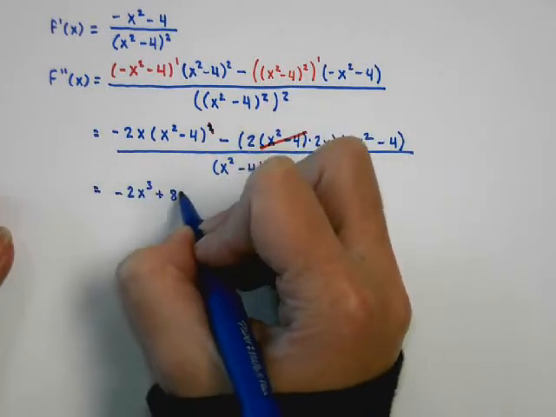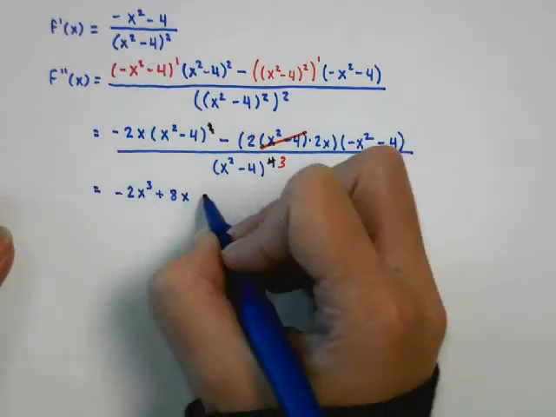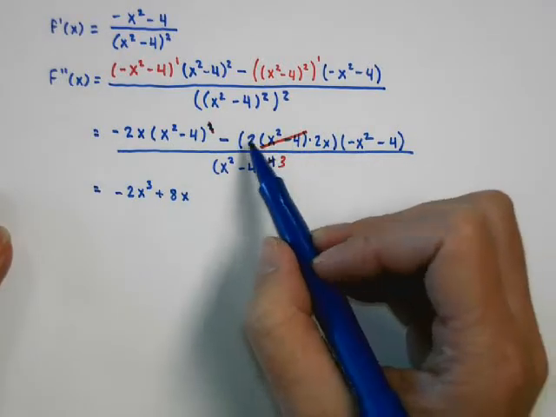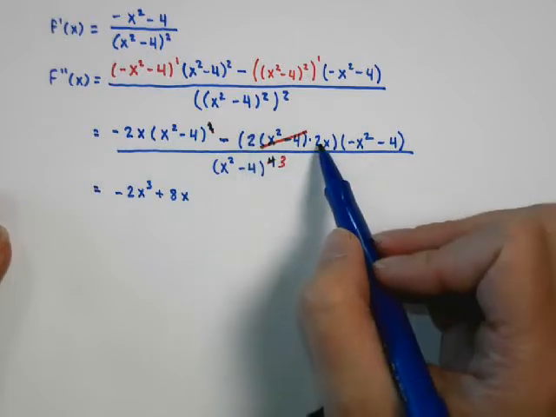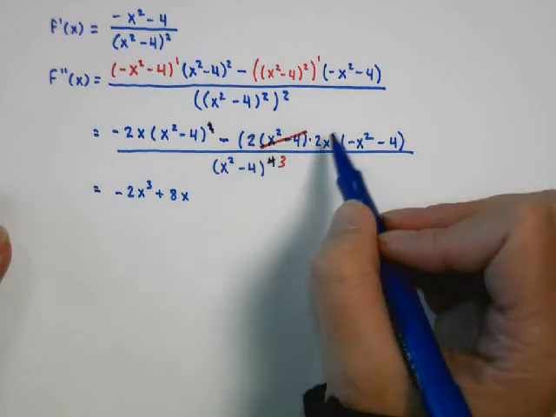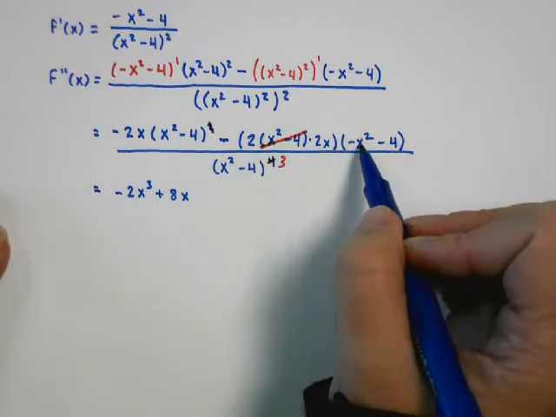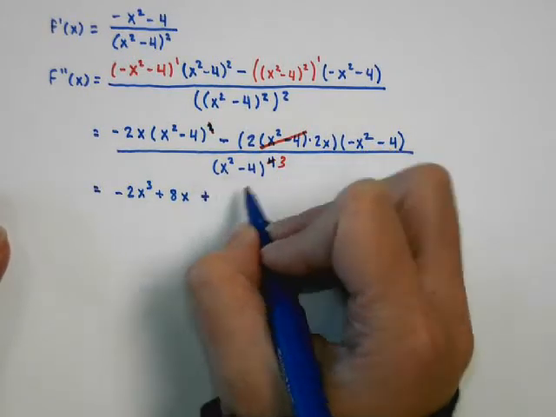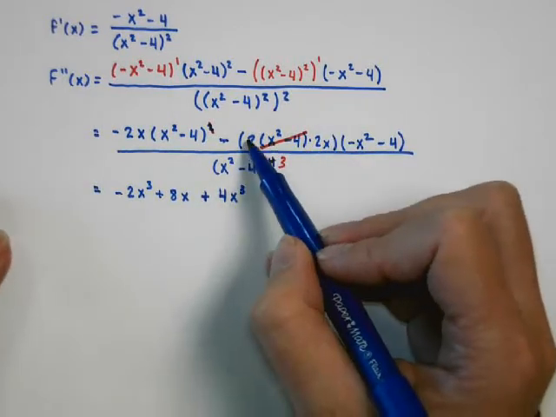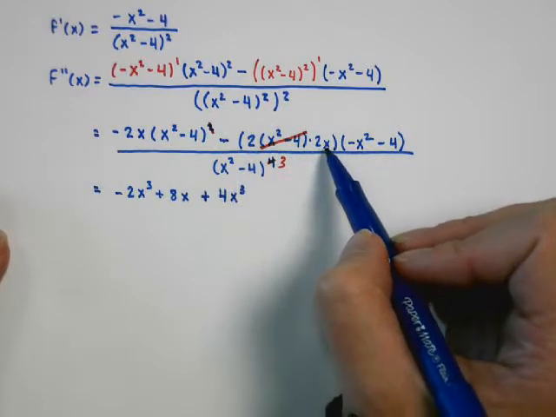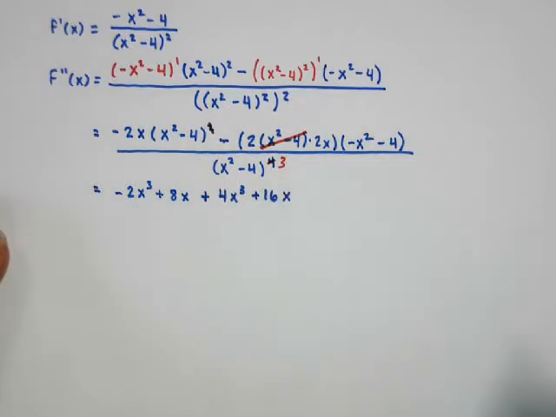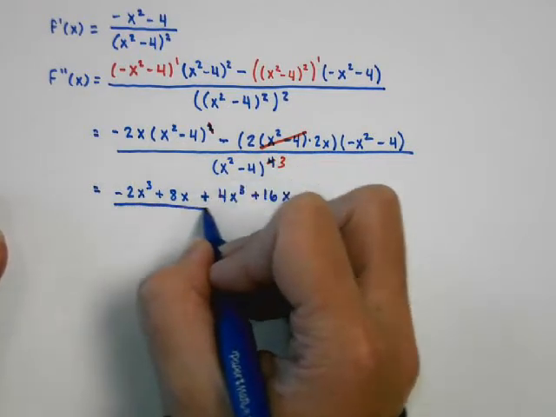Okay, here I'm multiplying, I'm subtracting, and we've got a 2 times this, and this, times this, times that. So negative 2 times 2x times a negative x squared is going to be plus 4x cubed. And then negative 2 times 2x, so our negative 4x times a negative 4 gives me a plus 16x, all over x squared minus 4 cubed.